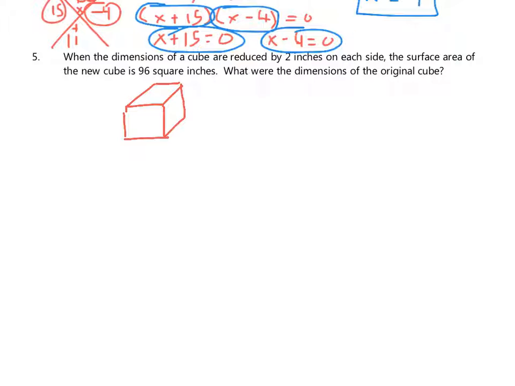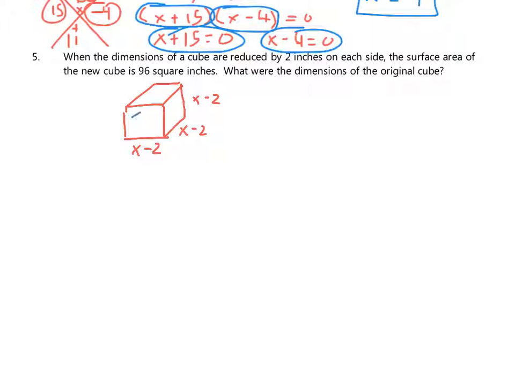So originally those were x. The length was x, the width was x, the height was x, but all of those were reduced by 2. Surface area is the area of every single face.